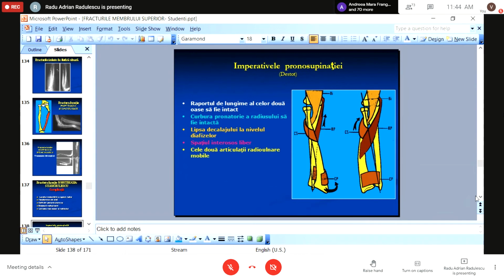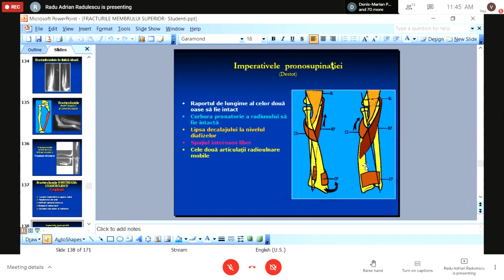So the ulna is the fixed part of the pronosupination, while the radius is the mobile part which goes around the ulna. Also in this drawing we can see that in the proximal part of the forearm we have mostly supinatory muscles, and in the distal part we have mostly pronation muscles.